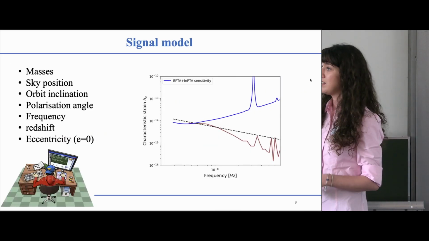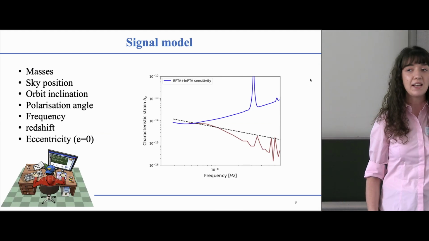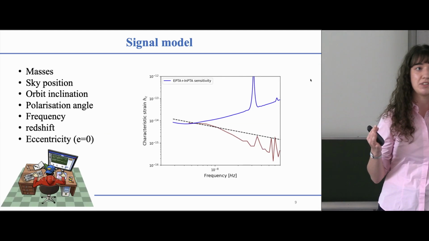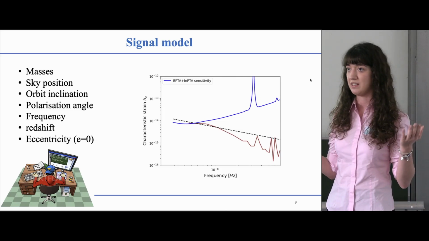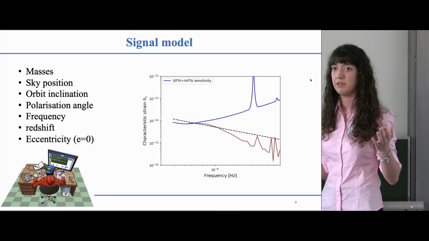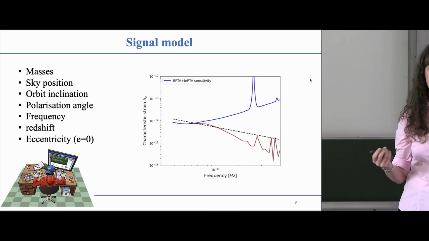So from simulations of galaxy evolution and supermassive black hole binary formation, we can actually write a catalog of a possible realization of the universe, of a possible population of supermassive black hole binaries that we can have. We can actually infer some information about their mass distribution, their redshift distribution, the frequency of emission.